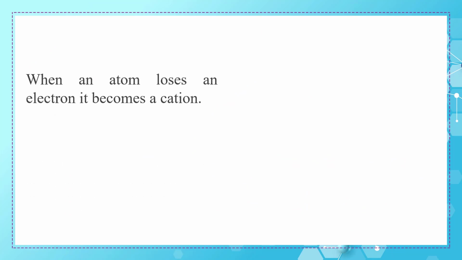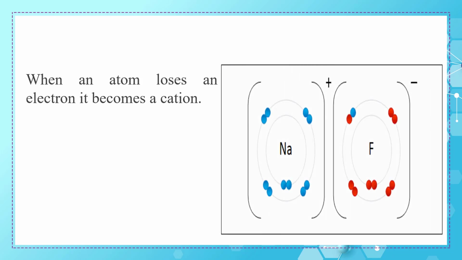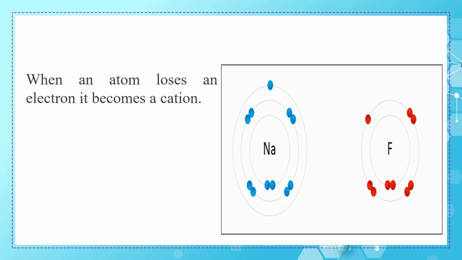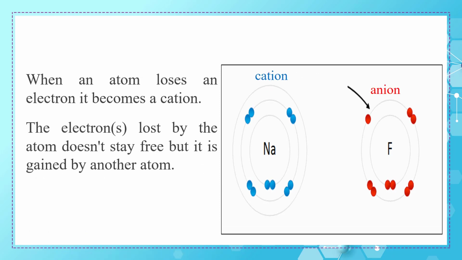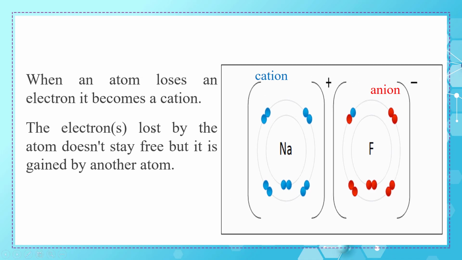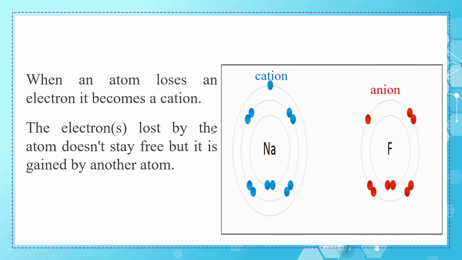When an atom loses an electron, it becomes a cation. As you see in the figure, the electrons lost by the atom do not stay free, but are gained by another atom.